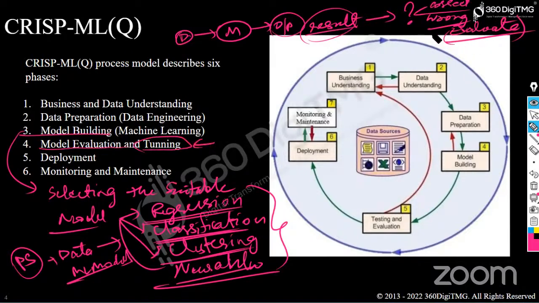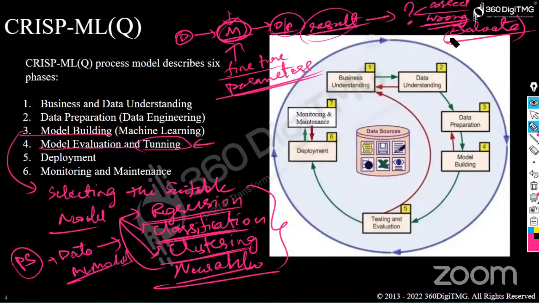If the model is evaluated as wrong, then we need to arrange a different model or fine tune the parameters. So fine tune the parameters that you have in the model, get the output, and evaluate that. So like this, you have plenty of models working on the data and getting the result, and that will be evaluated.